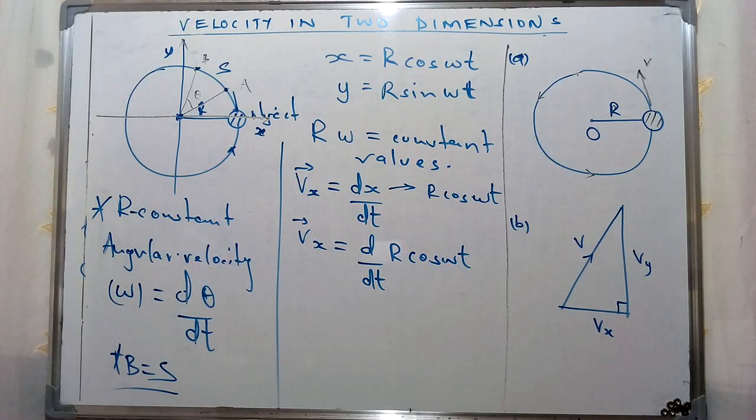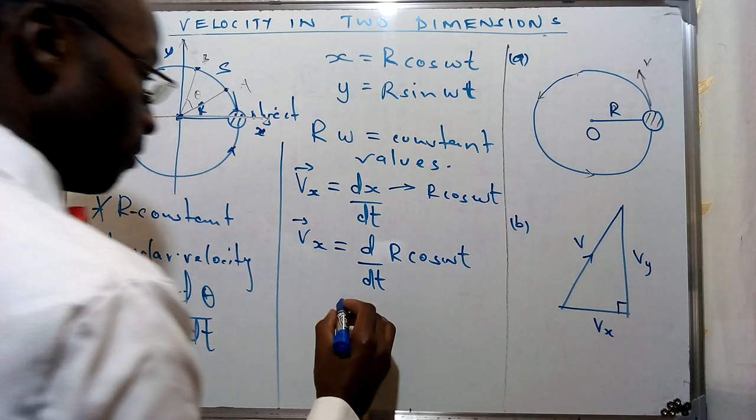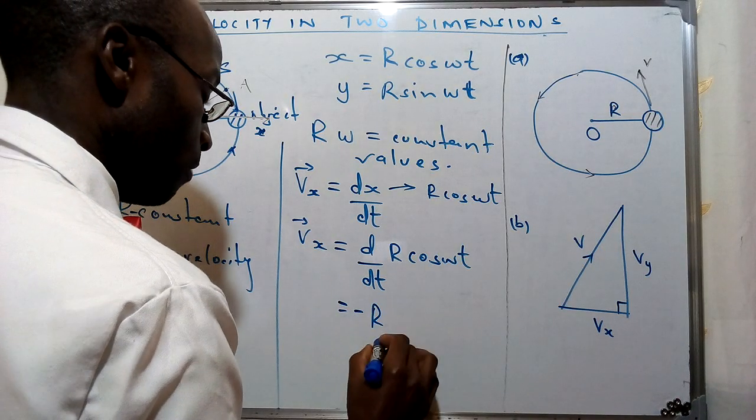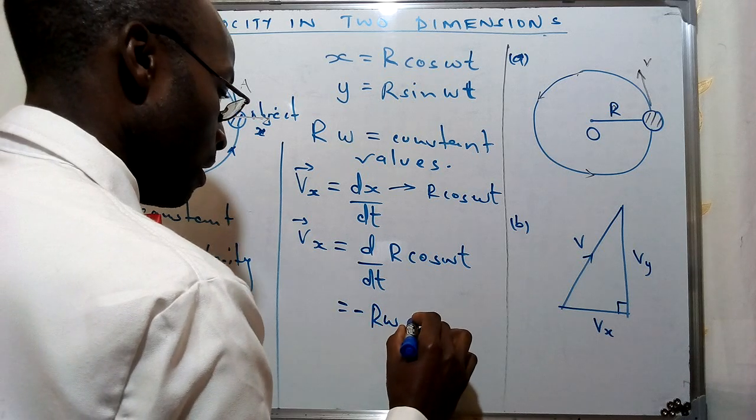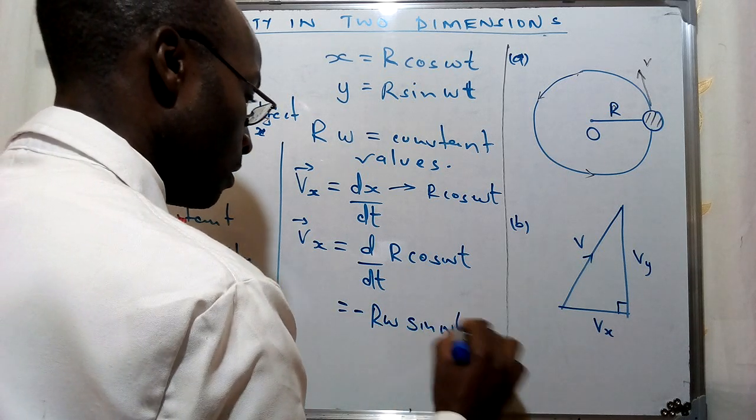And from the laws of derivatives of cosine functions, the derivative of cosine is going to give us a negative sign. And therefore, the velocity component along the x-axis is going to be given as negative r omega sine omega t.